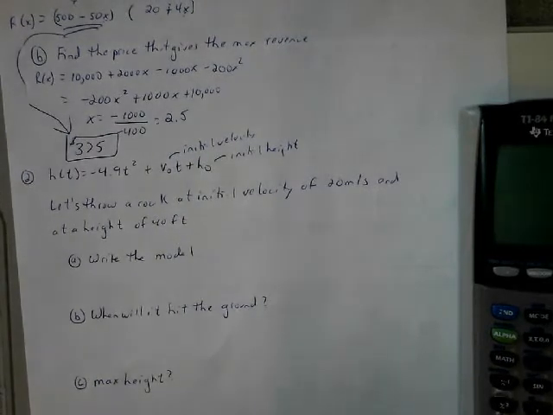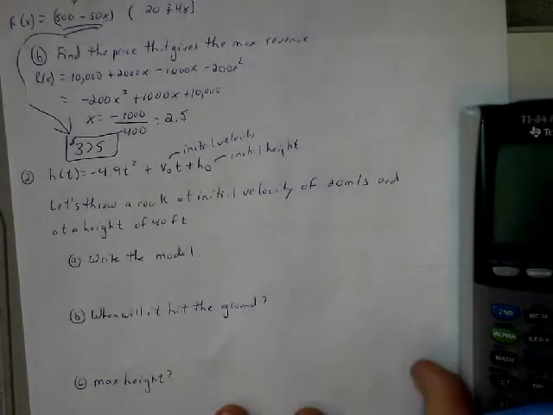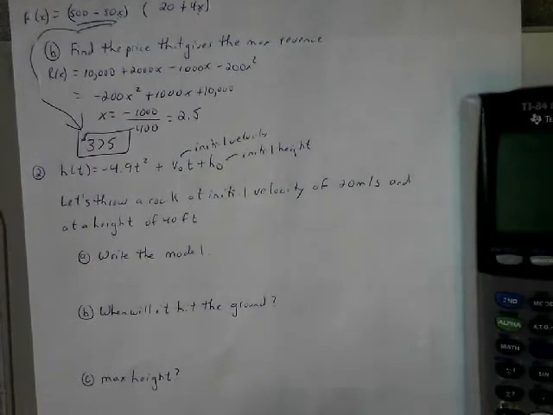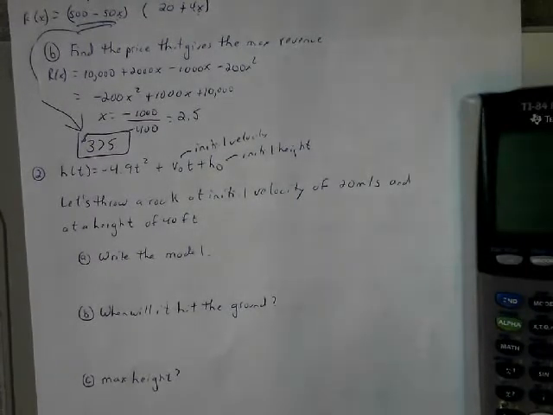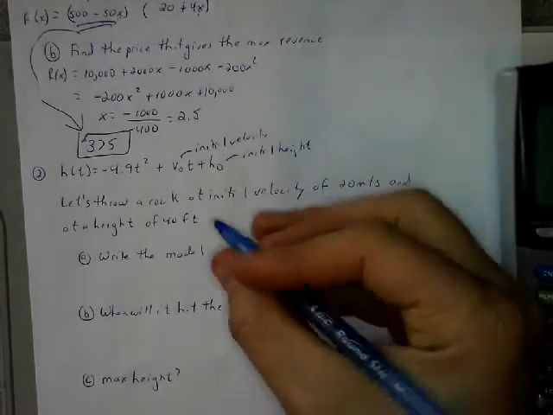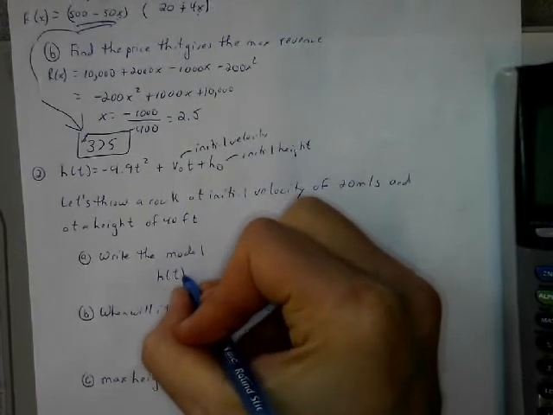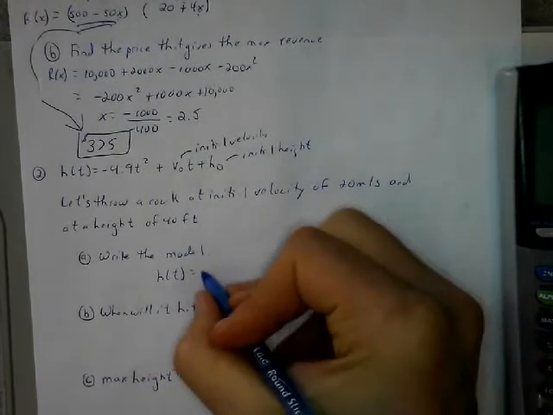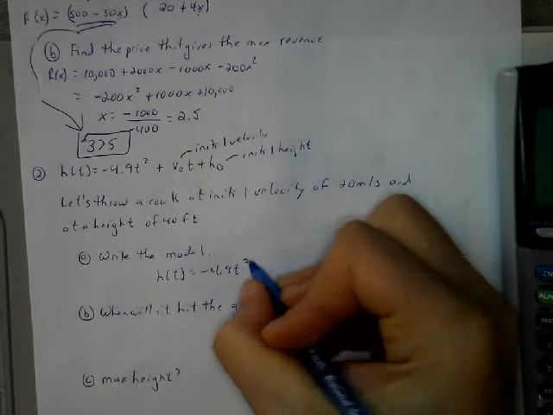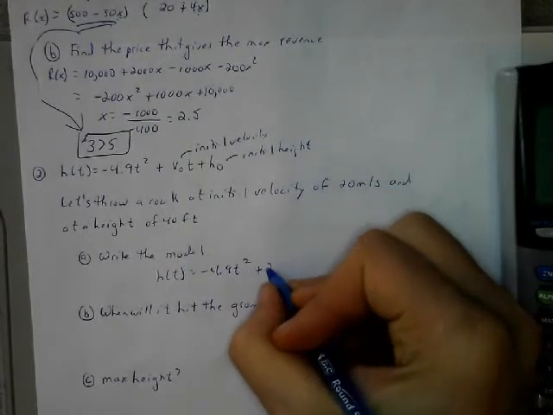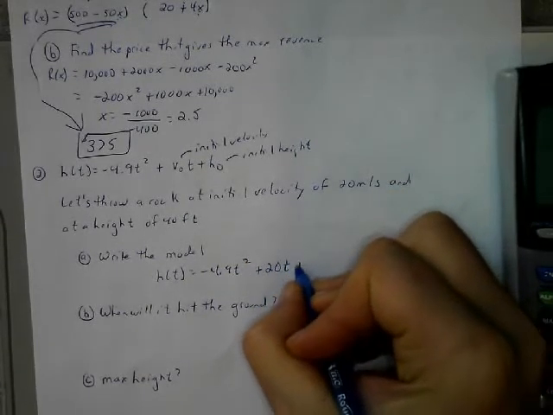And obviously negative 4.9 is 1/2 the gravity constant from physics class. So write the model as part A. When you throw a rock at an initial velocity of 20 meters per second and a height of 40, let's just plug those numbers in. H of t is equal to negative 4.9 t squared plus 20t plus 40.